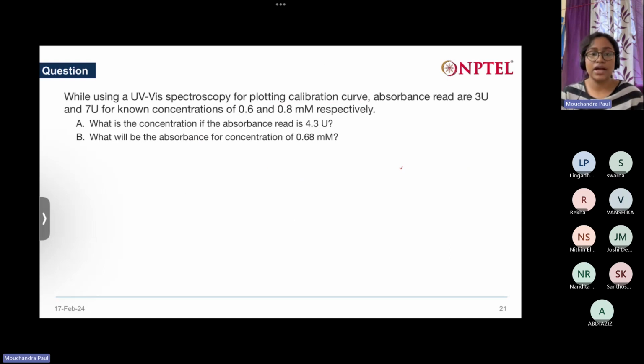So Beer-Lambert's law becomes helpful for building the calibration curve. I have given you one question, visible in front of you, based on UV spectroscopy. You are now going to use this technique for plotting a calibration curve of a chemical molecule.